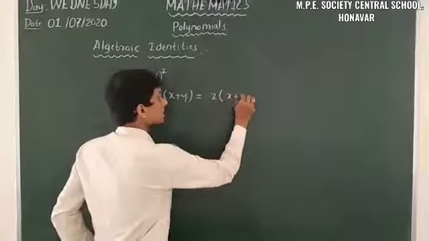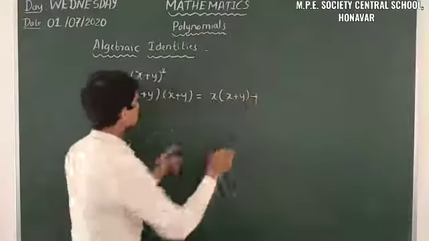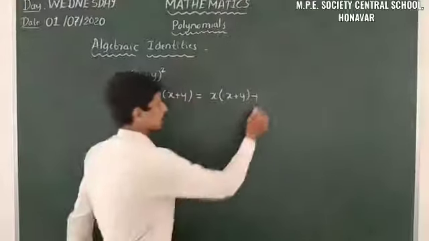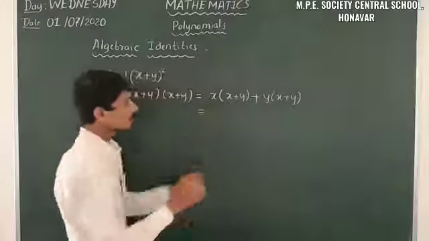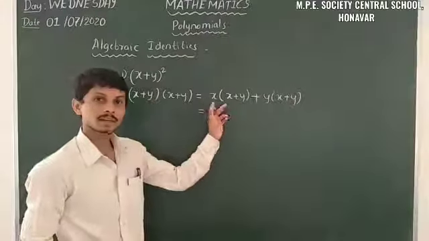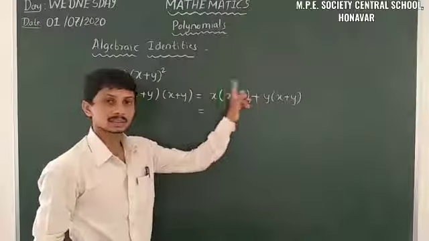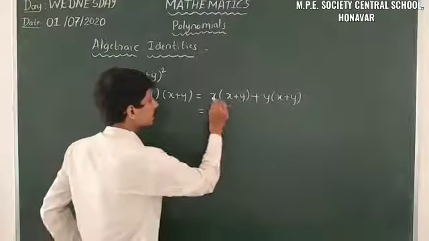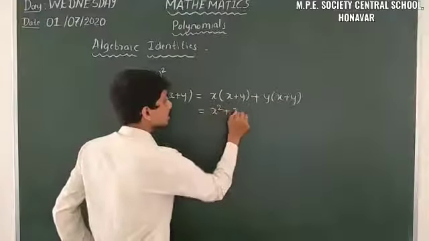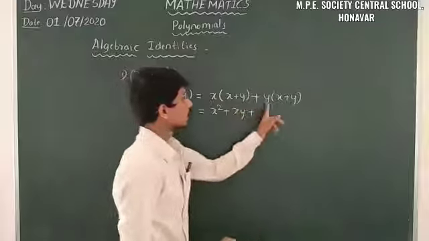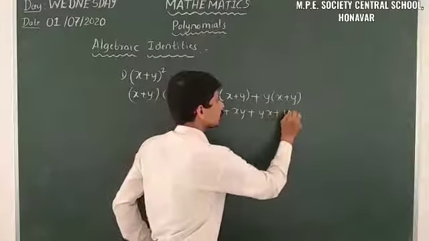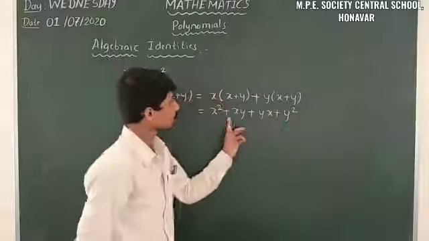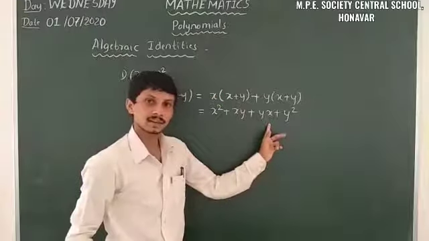Then plus y into this x plus y. So you have to multiply x to this x plus y: that is x into x, x square, plus x into y, xy, plus y into x, yx, plus y into y, y square. Here xy plus yx is there.